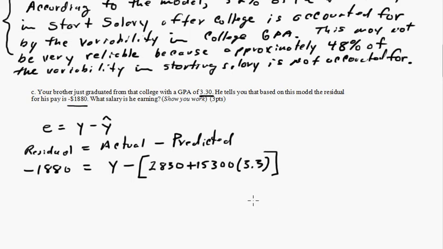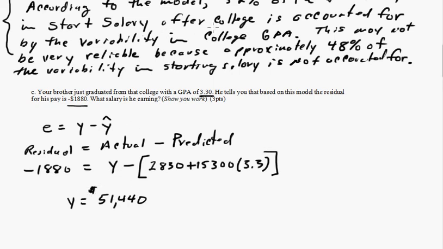Then you just solve. This is a number, so you add it to both sides, and you get a value for y. It should have come out to be 51440.